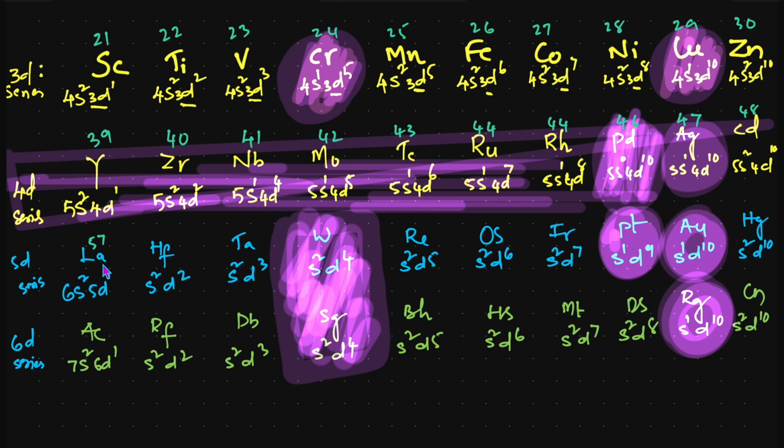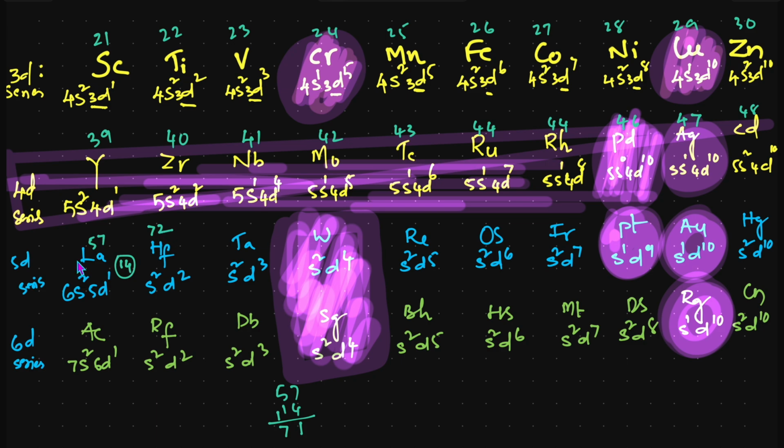Lanthanum is 57. But after lanthanum, 14 elements are placed as lanthanides. So 57 plus 14 equals 71, the 71st element ends here. This is going to be 72. You should know that hafnium is 72.